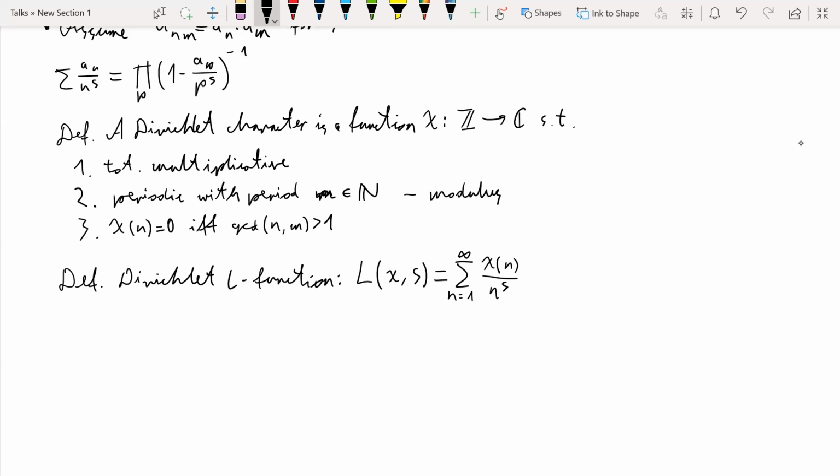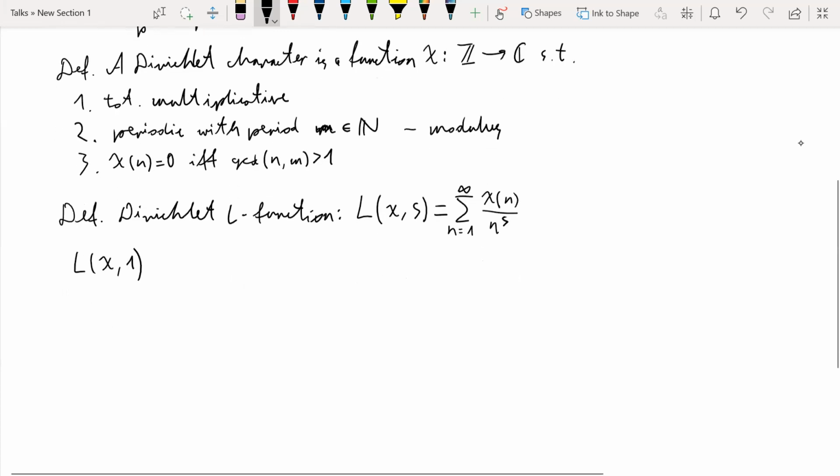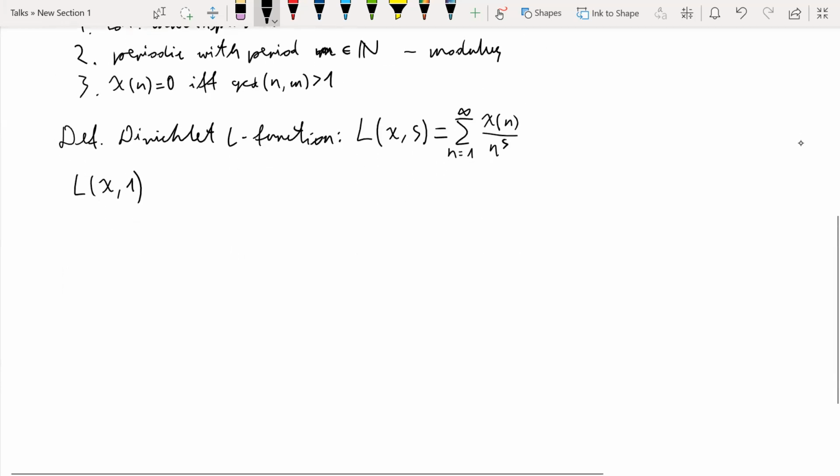Okay. And those functions are very important for studying primes in arithmetic progressions. And of particular importance is the value L of chi at 1, just at the point s equal to 1. And specifically Dirichlet's theorem, which guarantees that there are infinitely many primes in every arithmetic progression whose elements are coprime to the modulus, relies on the following theorem.